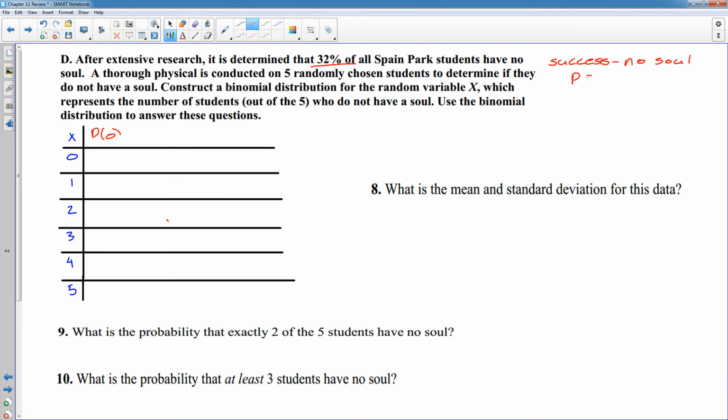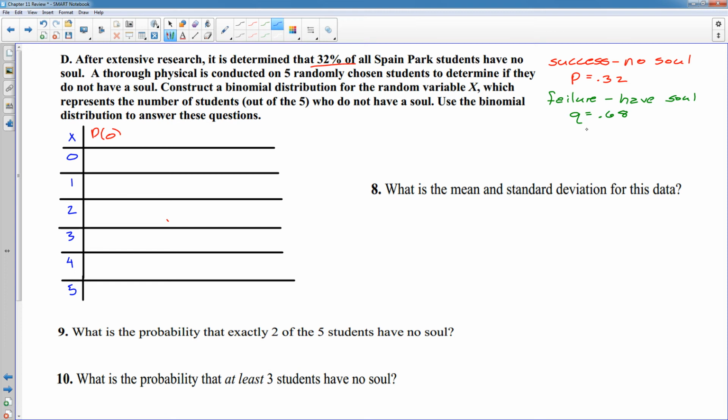So P, which is success, is going to be 0.32, which means in this problem, failure is possessing a soul. So failure means you do have a soul. And if 32% don't have a soul, then Q, which is our failure rate, is 0.68. That's the percent that do have a soul.